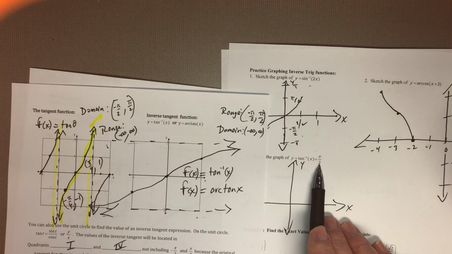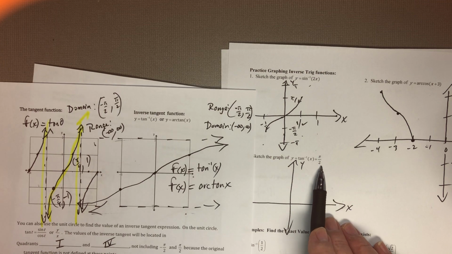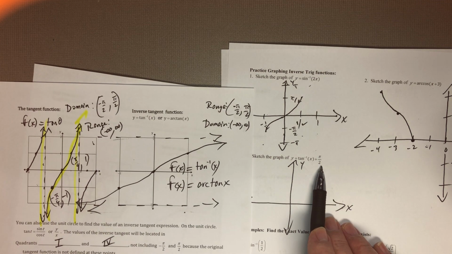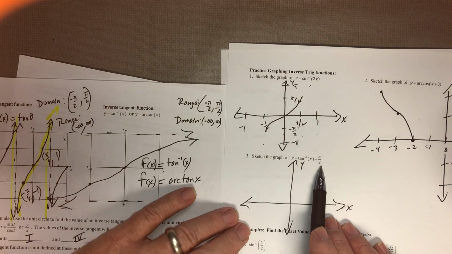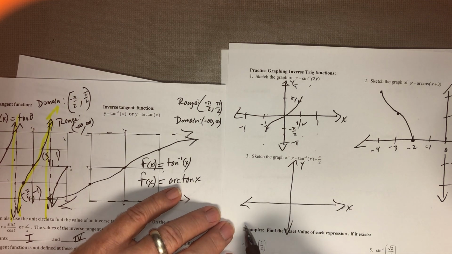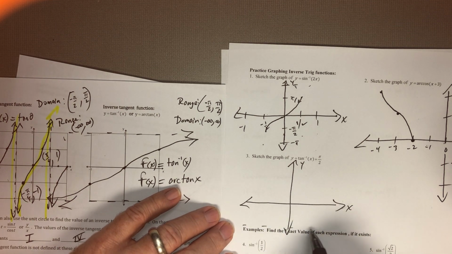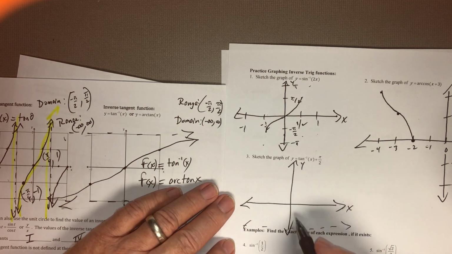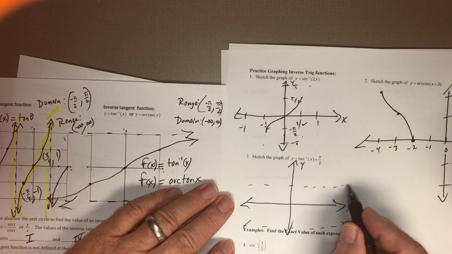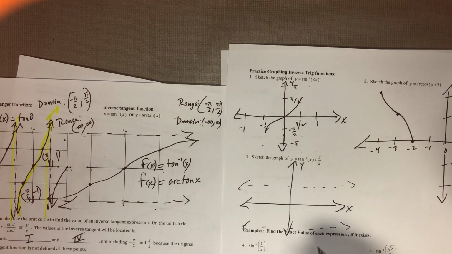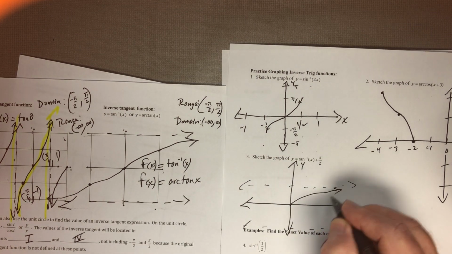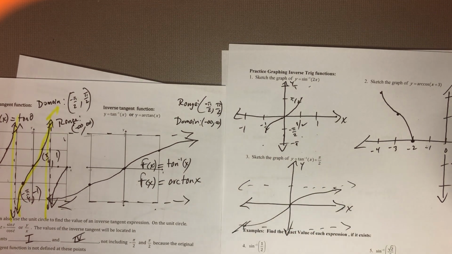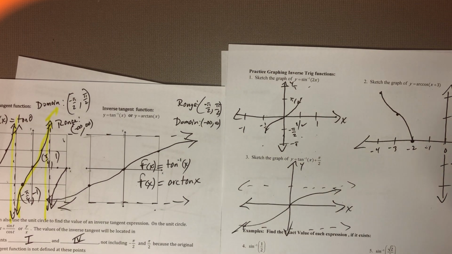But this is going to move those up pi/2 units. I'm going to graph the parent function first. If I make this negative pi/2 and this positive pi/2 right here, the parent function would come over here like that and come down here like that. There's your parent function.